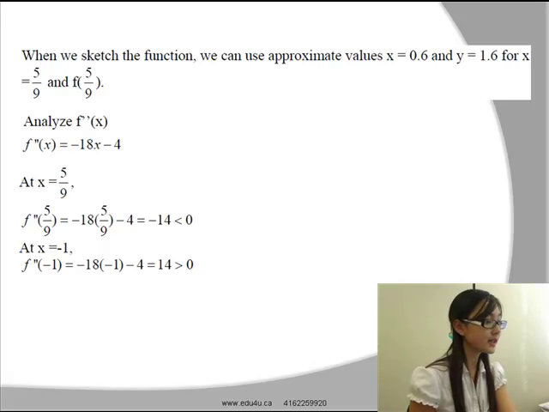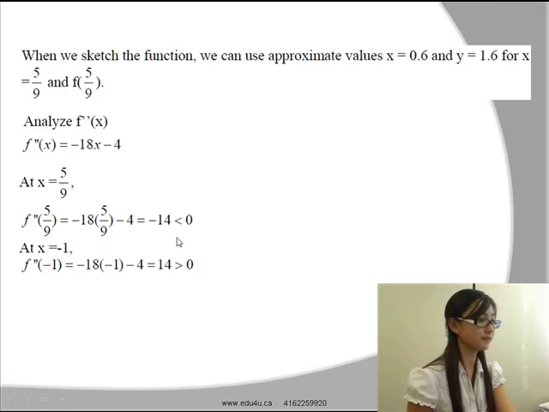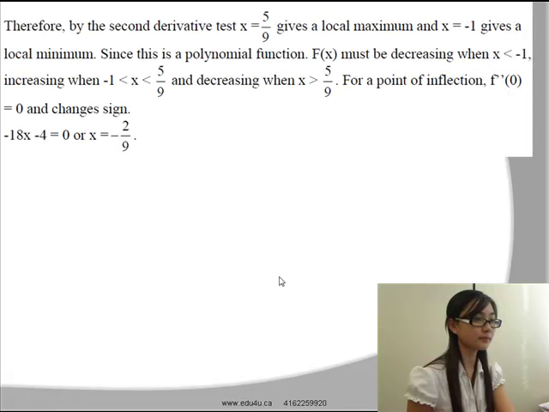If it is a positive value, then it will be a maximum. If it is a negative value, it will be a minimum. When we plug in 5 over 9, which is 0.6, into the second derivative of f of x, we get negative 14. Since it's less than 0, it will be a minimum. When we plug in x equal to negative 1, we get 14. Since it's positive, it will be a maximum.